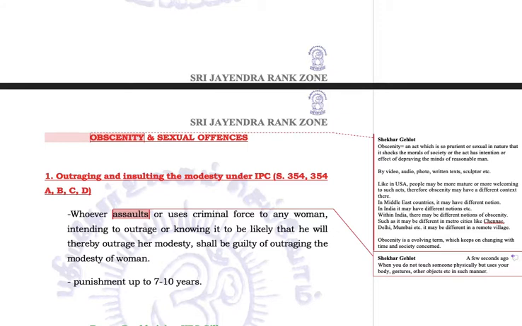Now, assault means when you do not touch someone. Assault is you are not touching someone physically, but you use your body, your gestures, other objects in such a manner. Or uses criminal force.